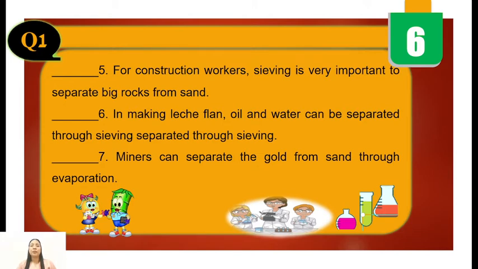For construction workers, sieving is very important to separate big rocks from sand. True or false? Number 6. In making leche flan, oil and water can be separated through sieving.